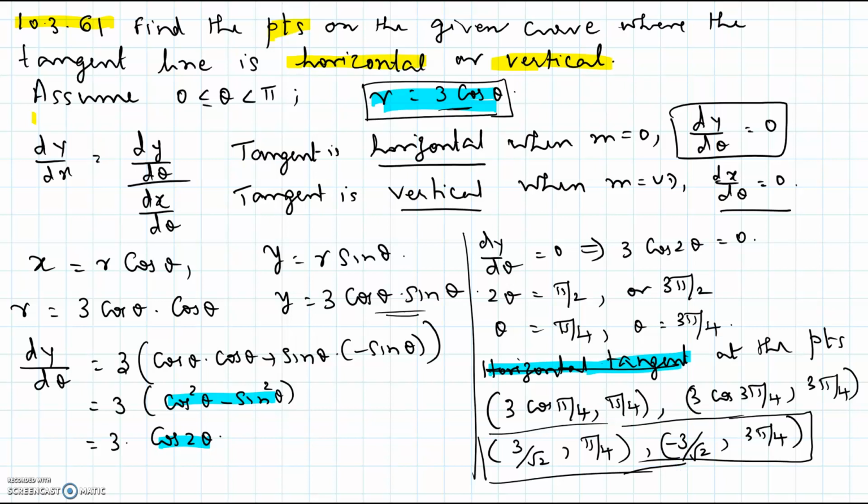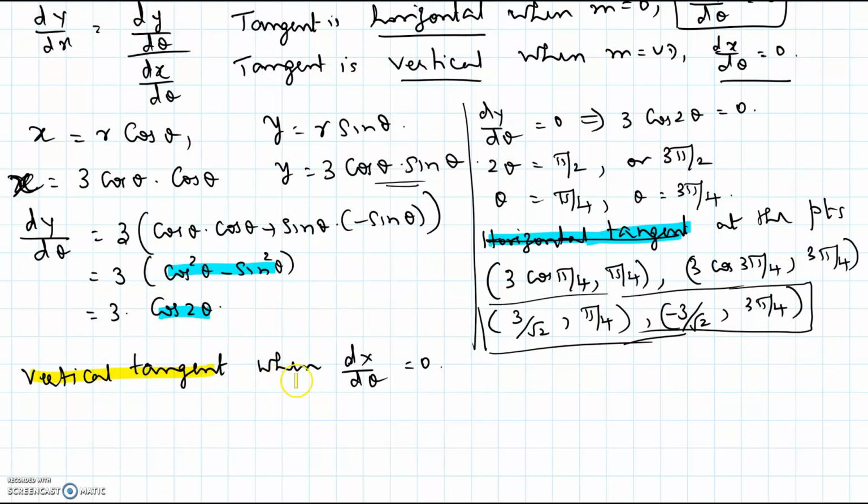Now you have to do the vertical tangent. The vertical tangent will occur when dx by d theta equals 0. We have x equal to 3 cosine theta times cosine theta.